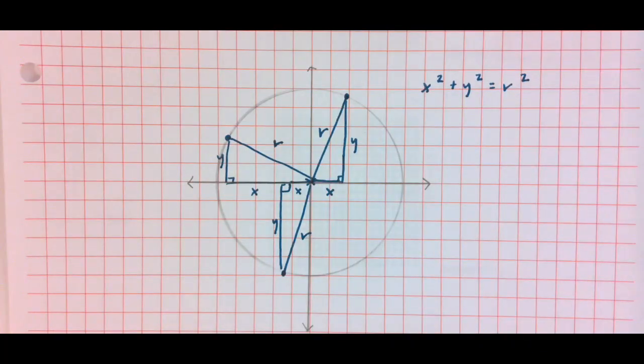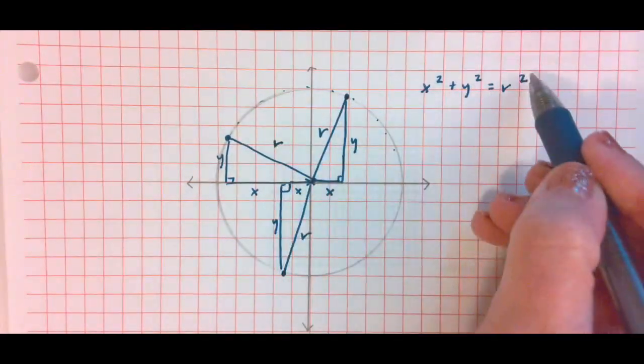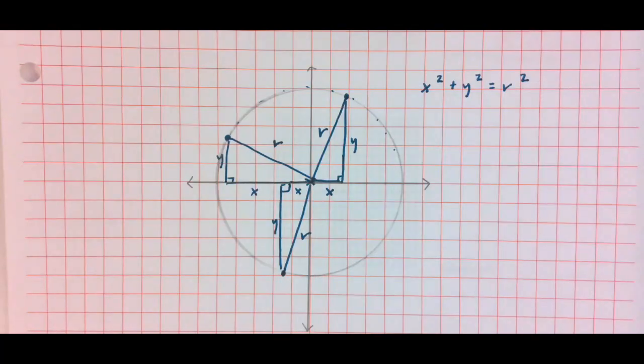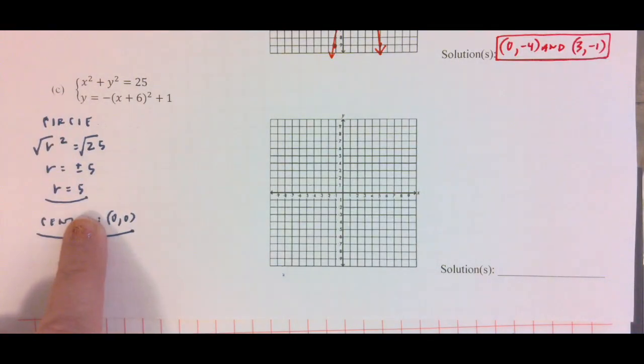So really all that circle equation is the Pythagorean theorem, a squared plus b squared equals c squared, where x and y are points on the circle where the radius is staying constant at 5. That's what it is in my example here.